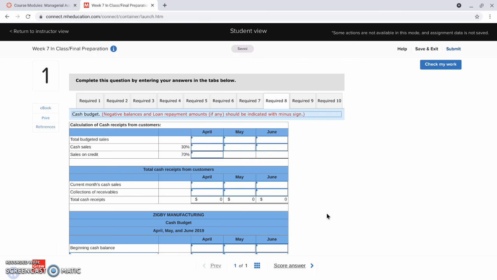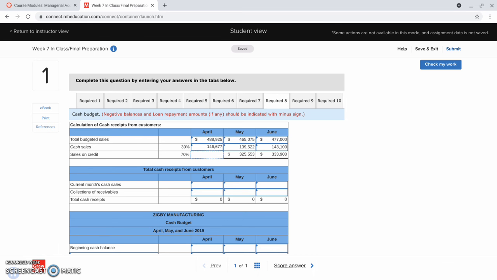Part 8, calculation of cash receipts from customers. So we have our total budgeted sales, cash sales, sales on credit, and then down below we have these items, and then down below that we're going to have our cash budget. So total budgeted sales, that came from a tab we worked on earlier. That's 488,925, 465,075, and 477,000. 30% of that is 146,677, 139,522, and then 143,100.